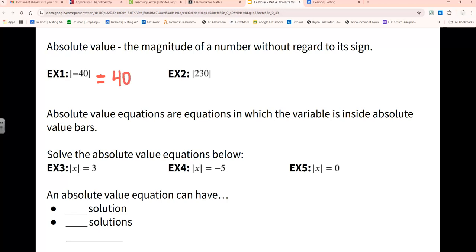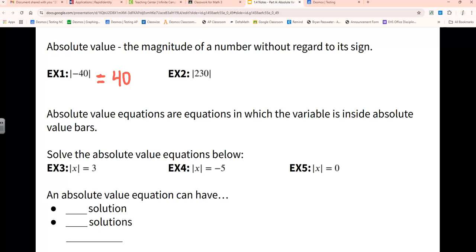It is how far that number is away from 0, and distances are always positive. So negative 40 is 40 spots away from 0. So for the absolute value of 230, what would it be? How far away from 0 is 230?